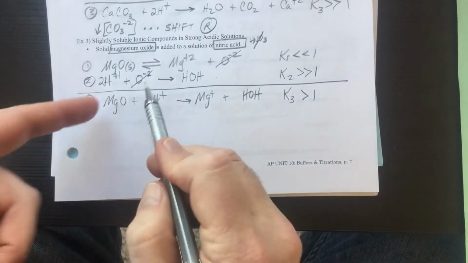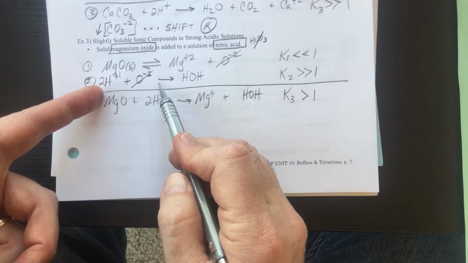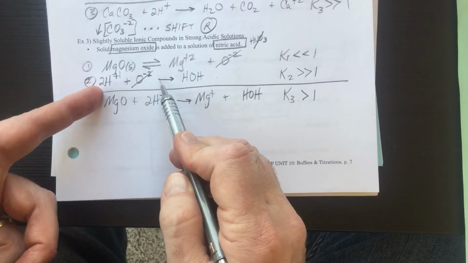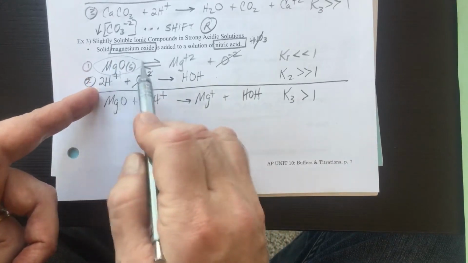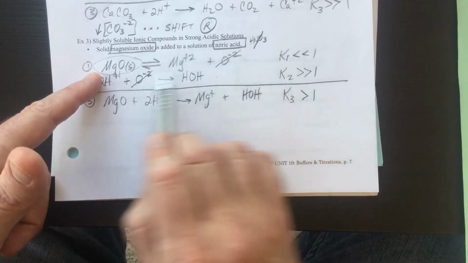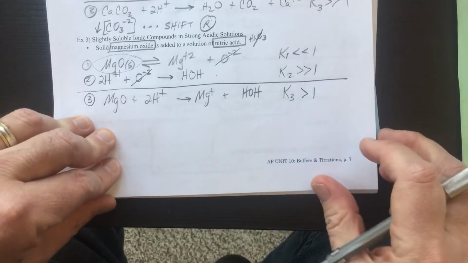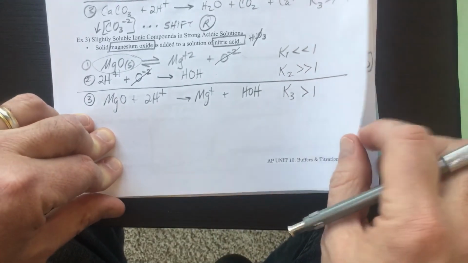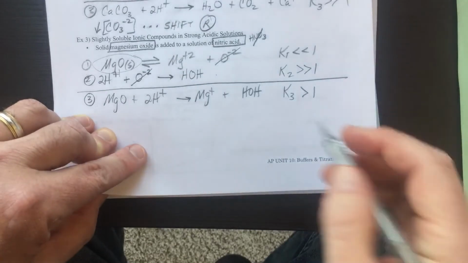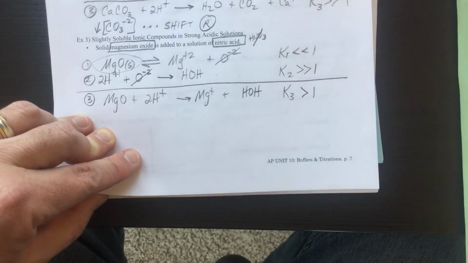And so again, by adding the hydrogen ions in the form of this acid to this solid, it causes it to dissolve more and more and more. And if I had solutions and such, I would be showing you some of these things. So I guess some of it you're just taking on blind faith. And so I'll stop there.